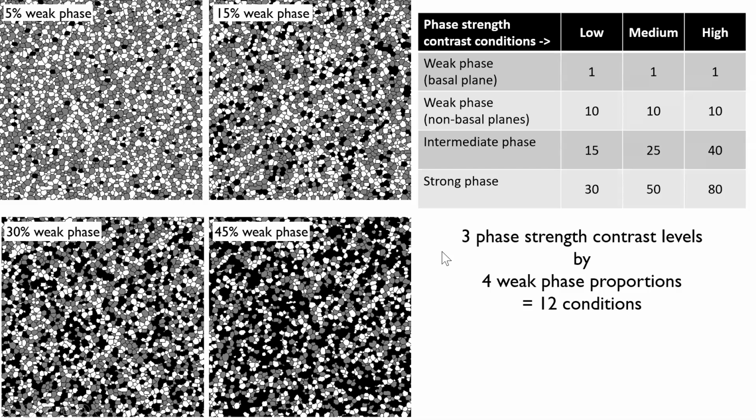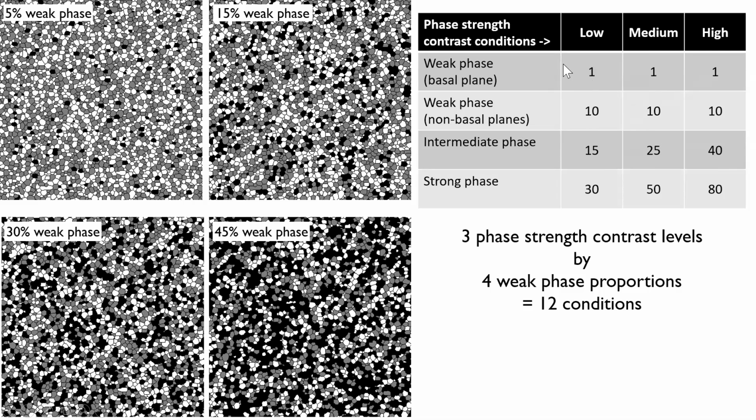In the experiments, I had 3 phase strength contrast levels: low, medium, and high. And what that meant is just the difference between the strength of the 3 phases. So in the low phase strength condition, the intermediate phase was 1.5 times the strength of the weak phase, the medium phase strength contrast condition was 2.5 times, and in high it was 4 times the strength of the weak phase.